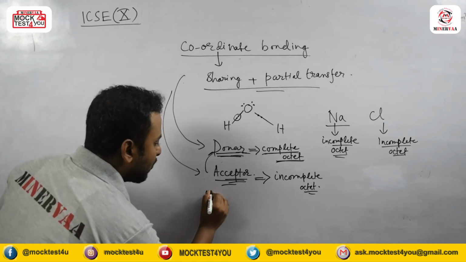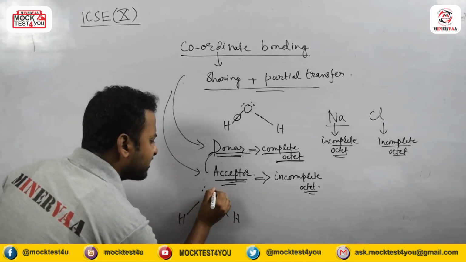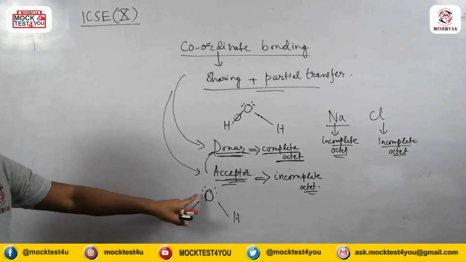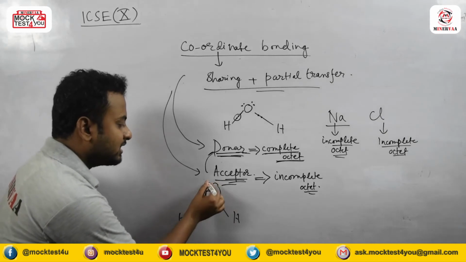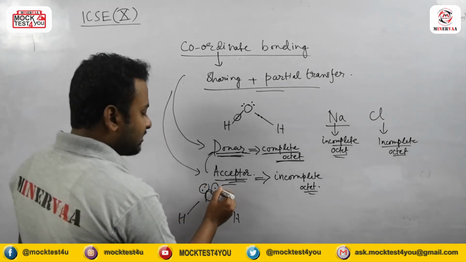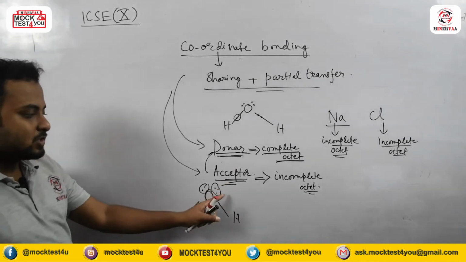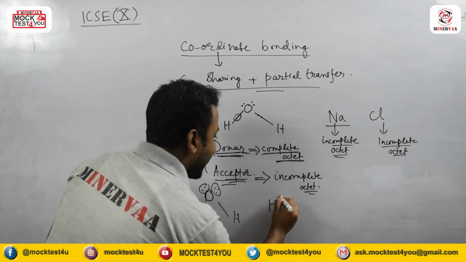So we have seen water, it has a lone pair of electrons which is of no use to this molecule. It is situated above the oxygen only. So it can donate its lone pair to some species which needs electrons, for example, the H plus ion.